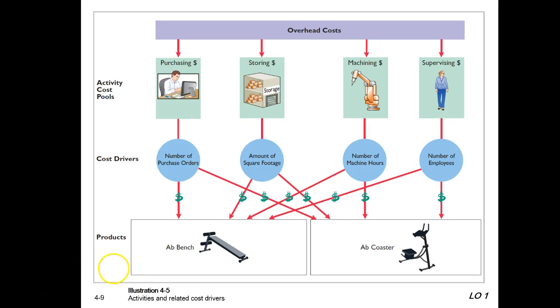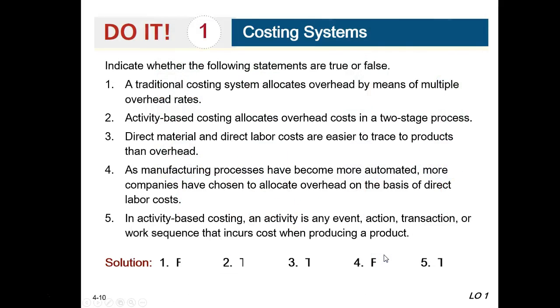Then we've got the machining, which would have the driver of machine hours, and also then supervising. So from there, we first break out the various activity costs. We've come up with what the drivers are, and we allocate them to the specific products. So you can look at this do-it system to make sure you're getting the answers correct here.